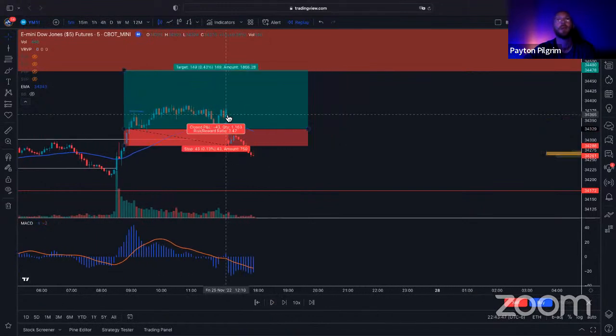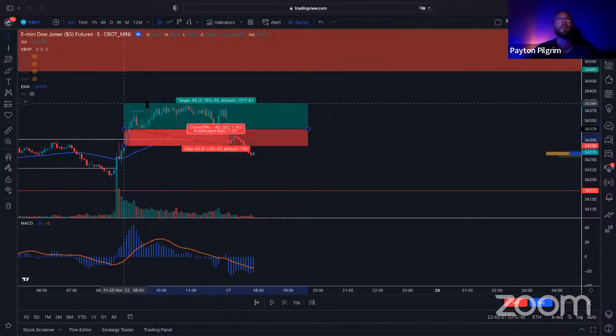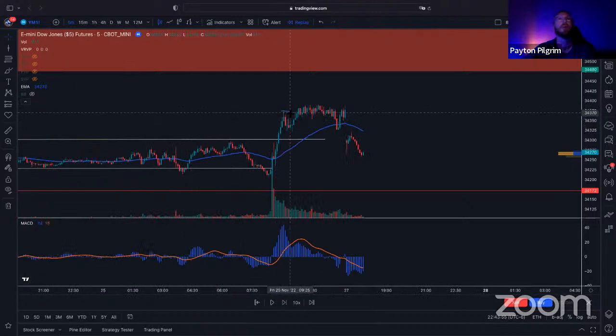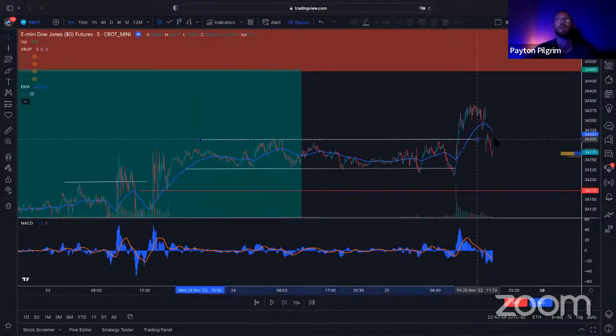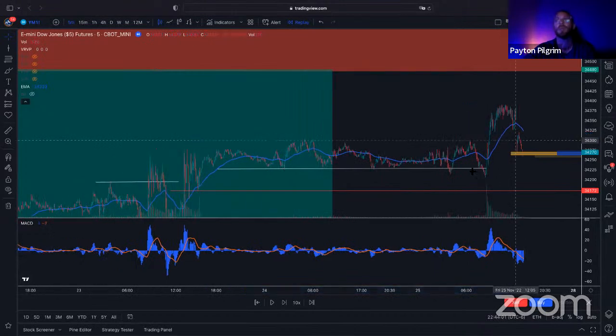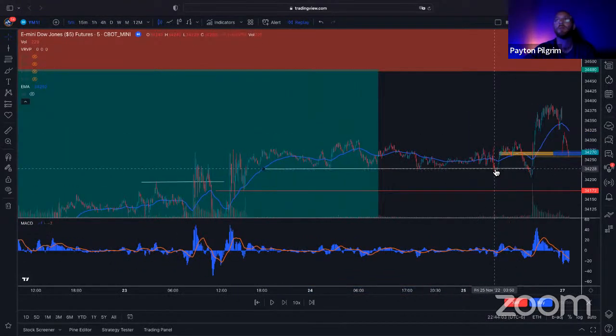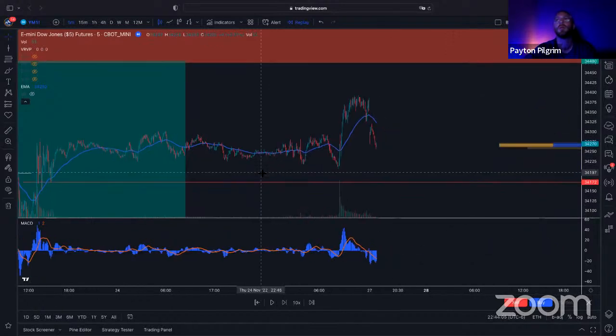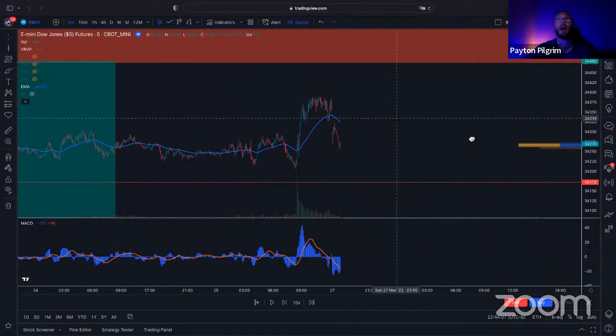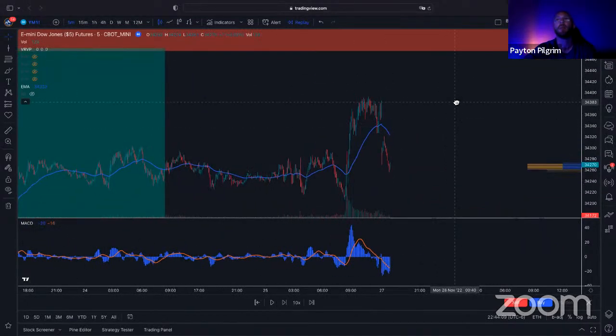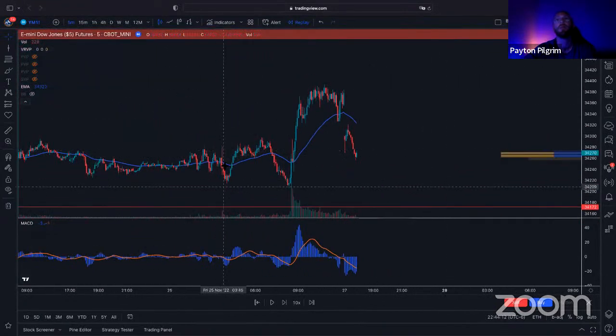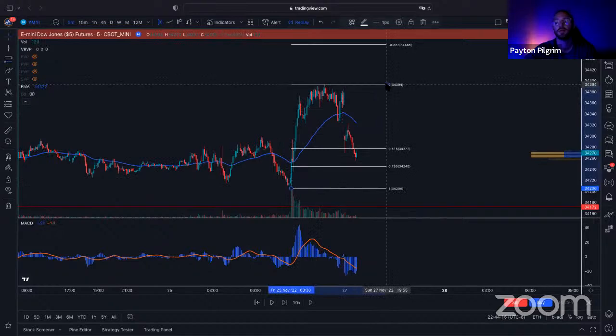Okay, it was the end of the week, so it ended at like a 1 to 1.5. That's pretty good. Definitely would not have held that trade over the weekend or anything. So, okay, let's see what it does now. I think we're about to see a move up here. Something like this is what I would be looking at.